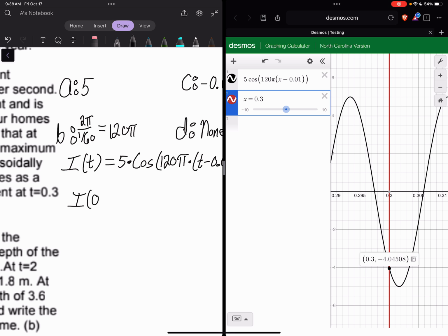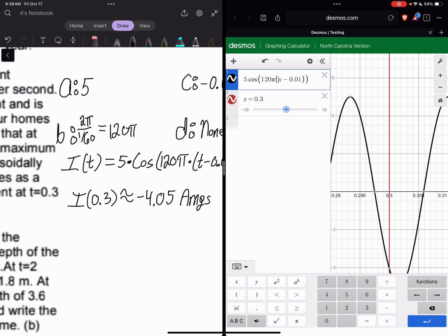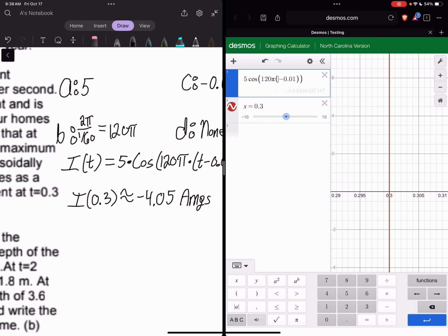I of 0.3 seconds is approximately negative 4.05 amps. Or if you wanted to do it another way, you could have just put in 0.3. Done.